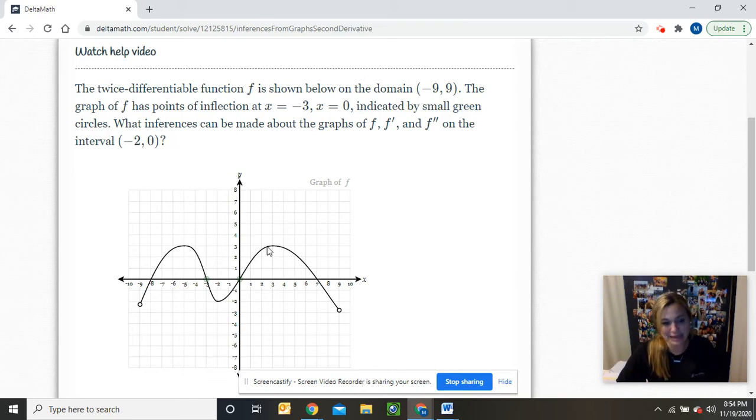The graph of f is negative. I can also see from -2 to 0, is f increasing or decreasing? Increasing. And then the last thing, is this graph concave up or concave down? I can see from -2 to 0 that the graph of f of x is concave up. It looks kind of like a smile. I mean, not a great one, but a smile nonetheless.